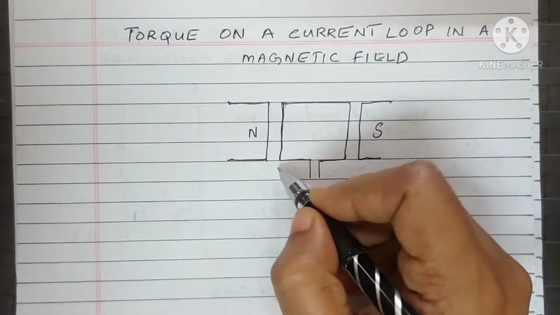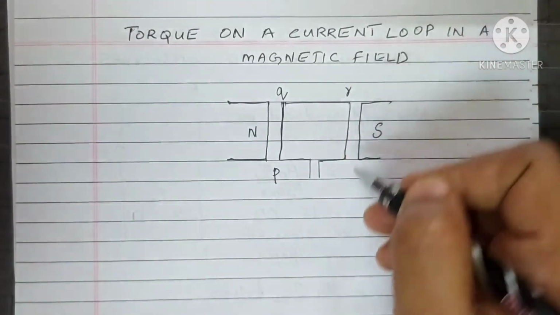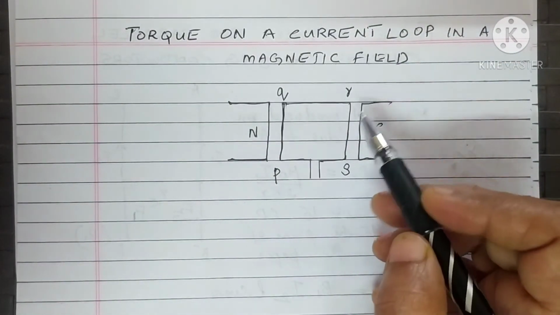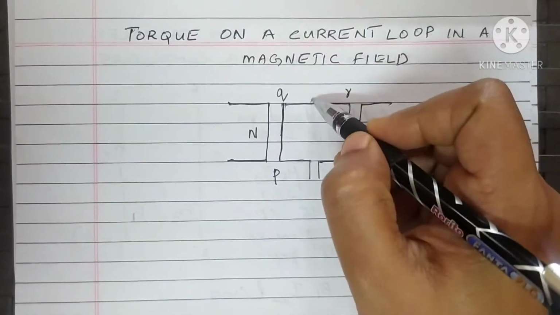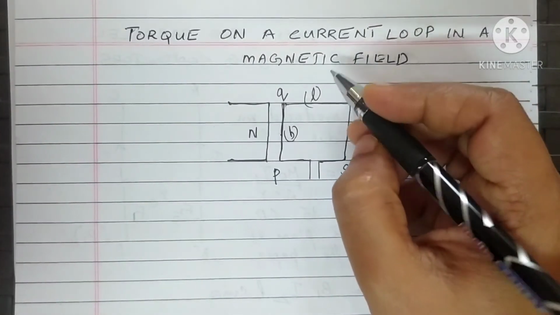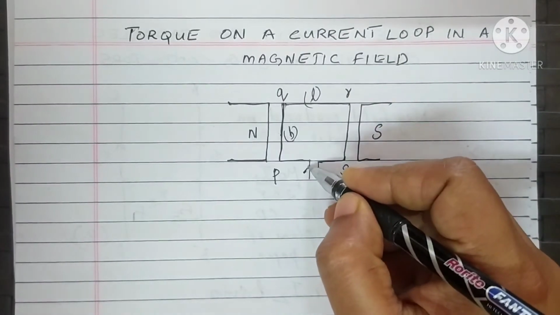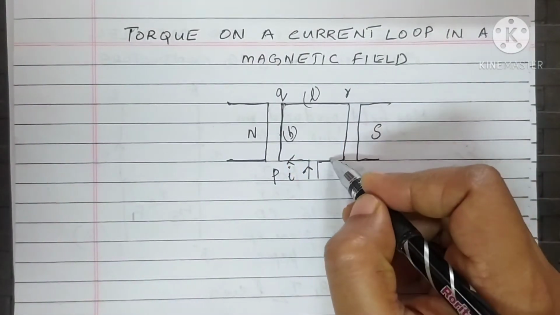Let the name of this particular loop be PQRS, and it has a length L and breadth B. Let us assume a current I is flowing through the loop.